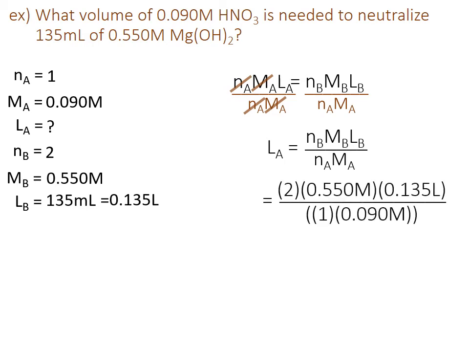I'll sub in my numbers, make sure I double bracket the denominator, and my calculator spits out 1.65. Now I was given 2 significant figures, 3 significant figures, and 3 significant figures in the question. It's all multiplication and division, so my answer is only allowed to have 2 significant figures. So I would need 1.7 liters of the acid to fully neutralize that base.